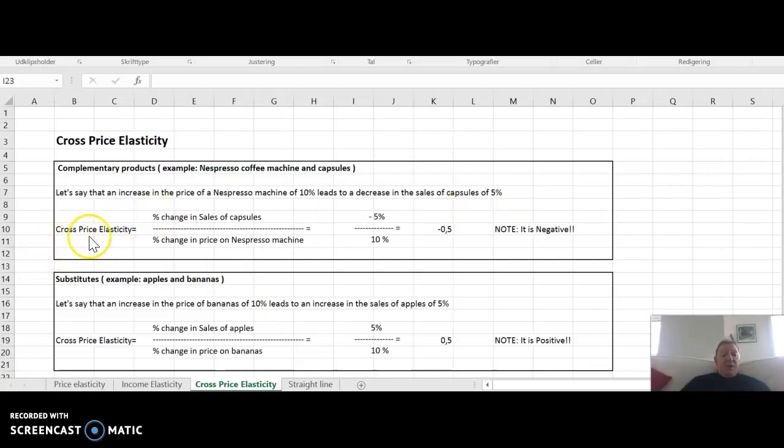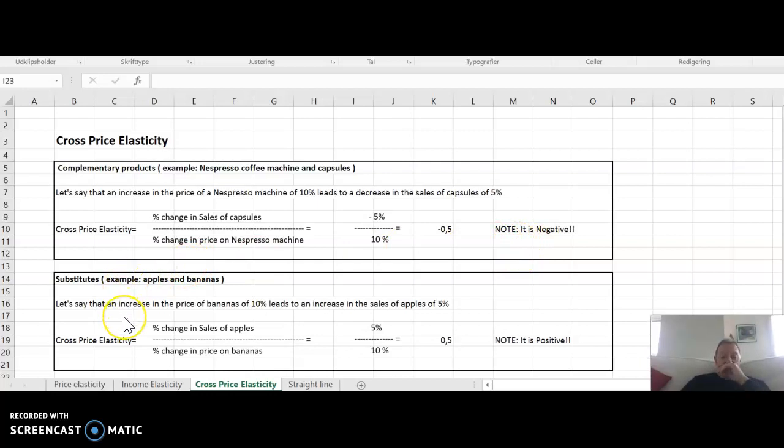So the cross price elasticity in this case is change in sales of capsules divided by change in price of the machinery. It's a plus of 10%, and it will have the effect that we will decrease the number of units sold by 5%. And this will give us a minus 0.50. And note, it is a negative amount. So if we have complementary products, the cross price elasticity will be negative.